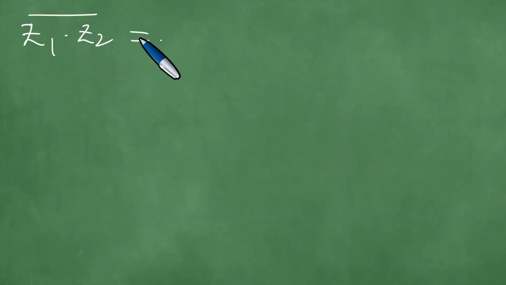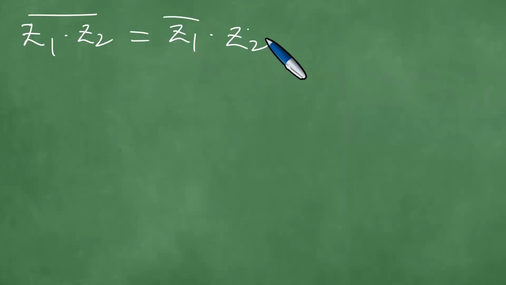Let me demonstrate another proof, of the products for example, and the difference. Okay, proof. This one: the complex conjugate of Z1 Z2 is Z1 bar Z2 bar, like this. So we need to prove this one.